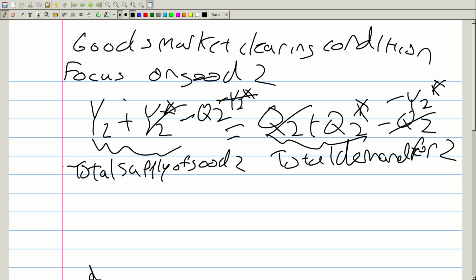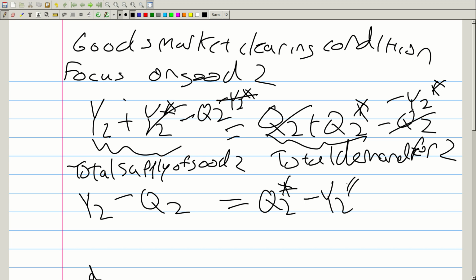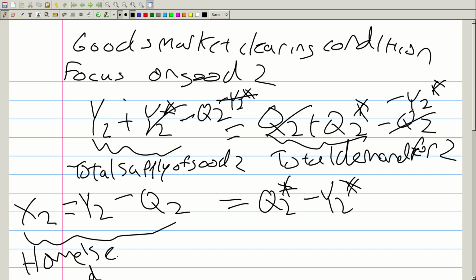And so what I'm left with is Y2 minus Q2 is equal to Q2 star minus Y2 star. And so if you recall, this is just Home's export supply. So this is Home's export supply.